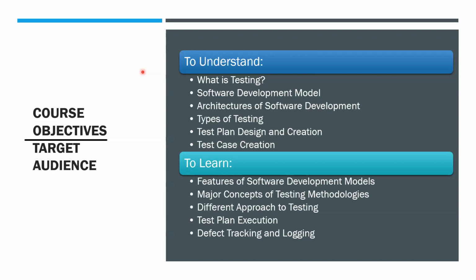At the end of this module of manual testing, you will know how the software development model works, the architectures of the software development model, and the types of testing that you will have to incorporate in your work as you join a team.